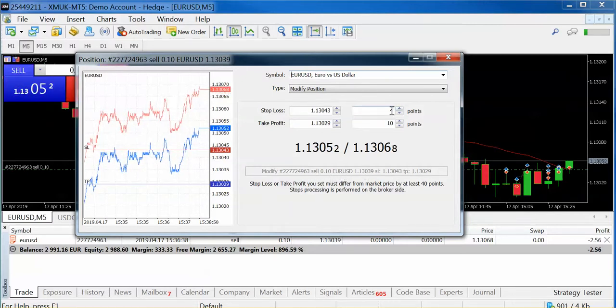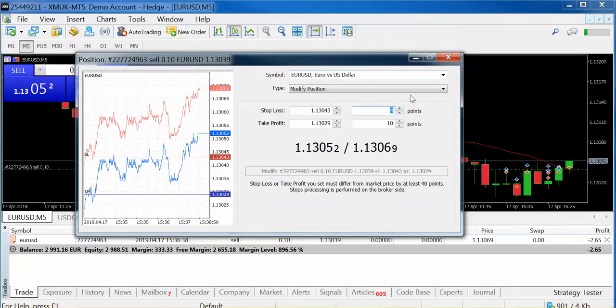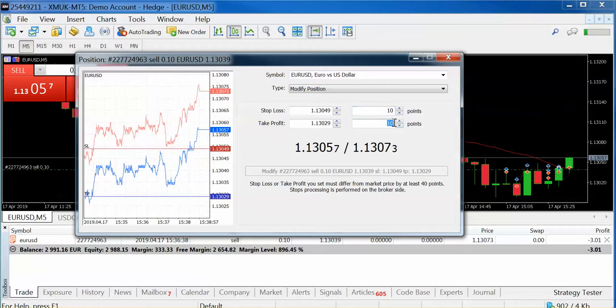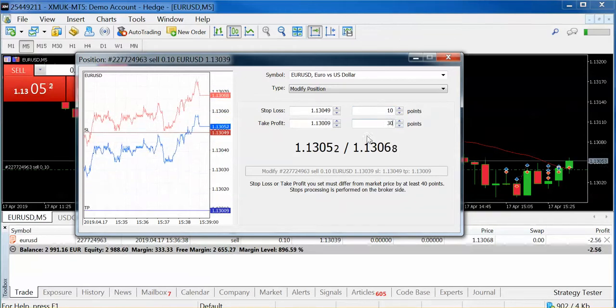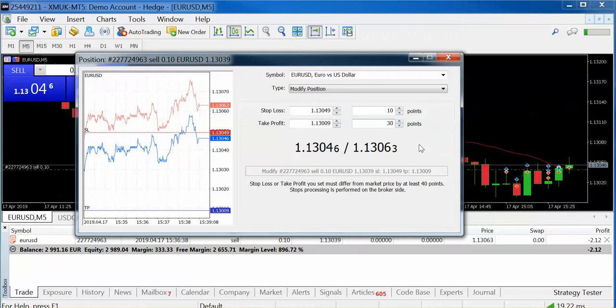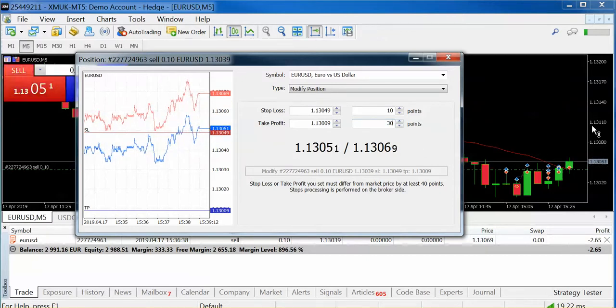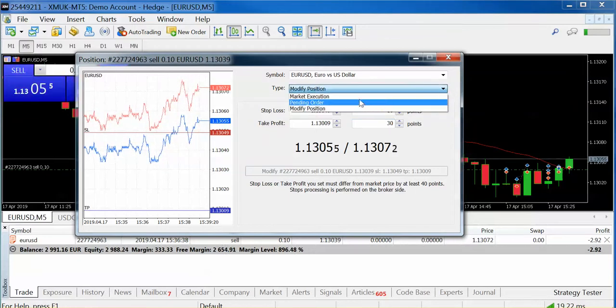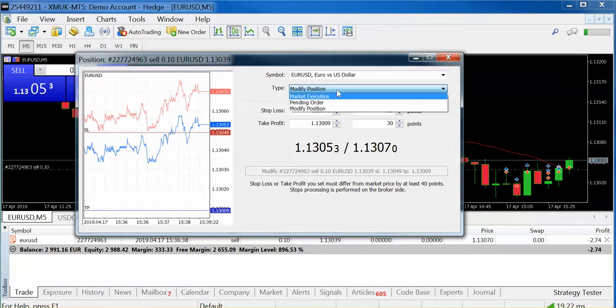So let's modify this and say we're going to go 10 points, and then 30 points for our profit. It has not changed. That's very strange. So modify position has not changed.